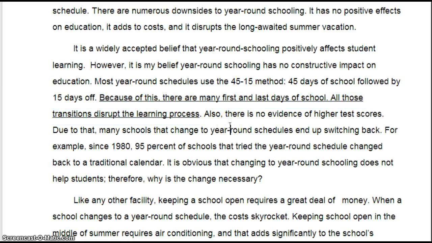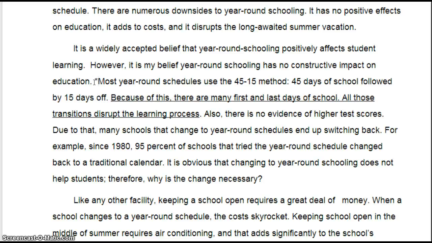So the first piece of evidence was that most year-round schools use the 45-15 method. And you were supposed to put stars around these. I'm just going to use asterisks here. 45 days of school followed by 15 days off. So that is your first piece of evidence for that.